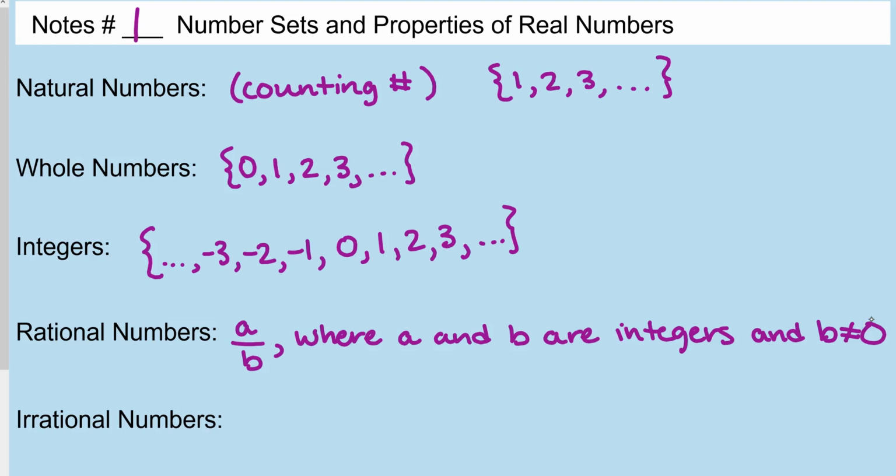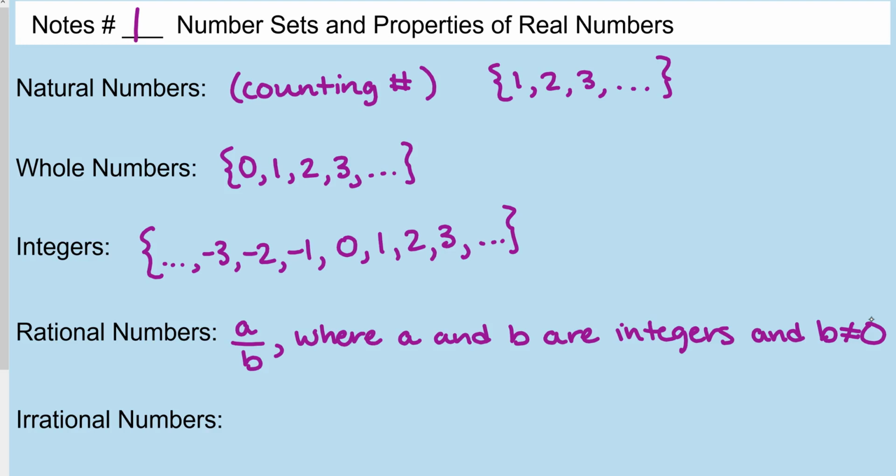Okay, so we could have 1/4, we could have 7/13, we could have -3/100, we could have 7. 7 is 7 over 1. That could be written as a over b. We could have -3. -3 is -3 over 1. -6 over 2, etc. So if you can write it as a fraction, a over b, where a and b are integers and b is not equal to 0, then it's rational.